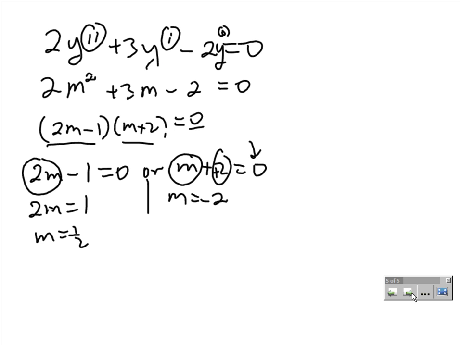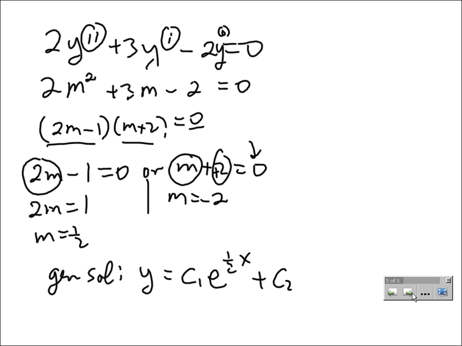So, you can write down the general solution. y is equal to a multiple of e to the m1 x plus a multiple of e to the m2 x. This is m sub 1, this is m sub 2. And you can check it.